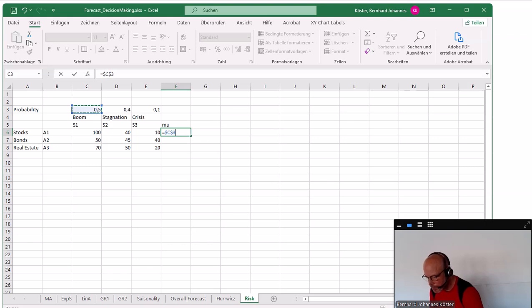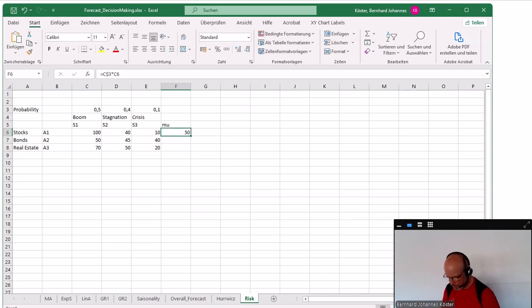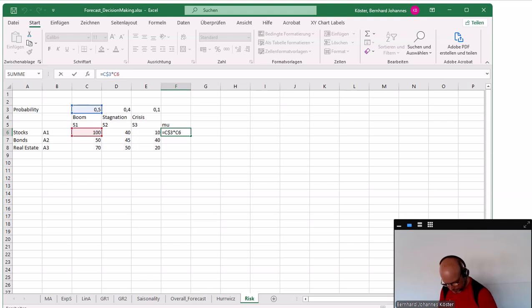Then the number to fix times this one. Oh, sorry. Plus this one times this, plus this times this.